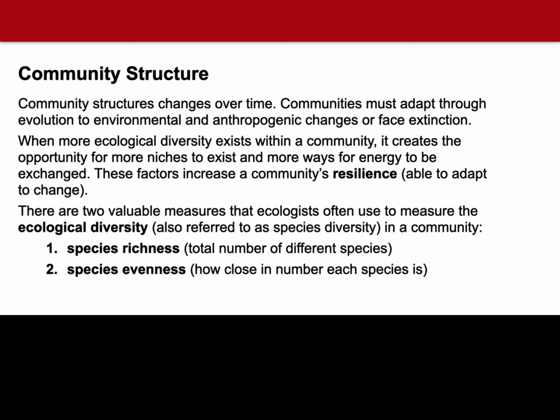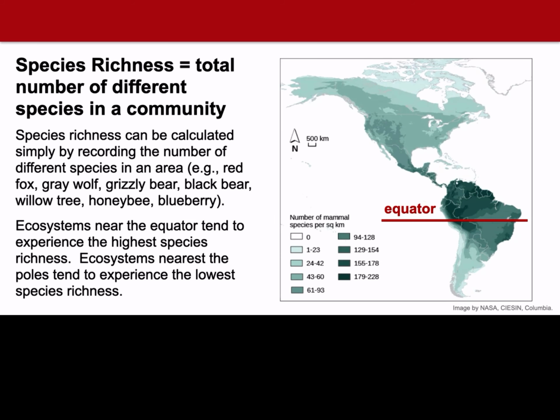These factors increase a community's resilience and its ability to respond and recover from changes. There are a couple ways that we can compare and measure the ecological diversity within a community: species richness and species evenness.